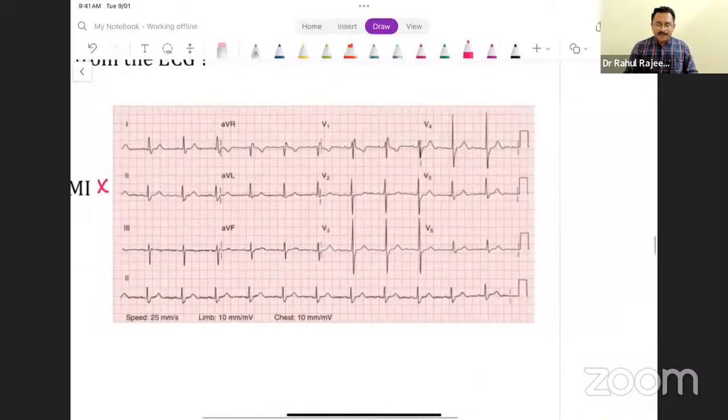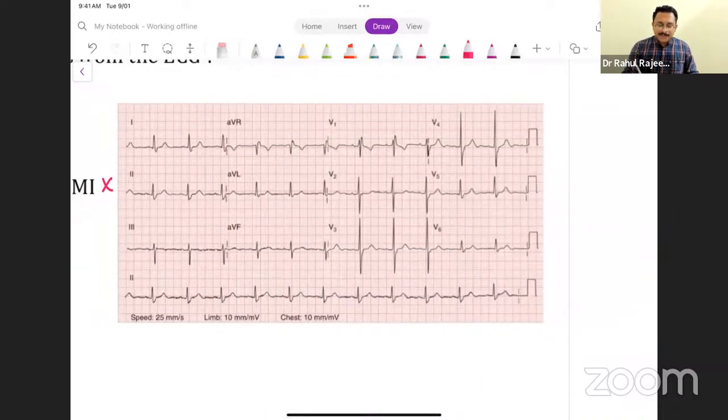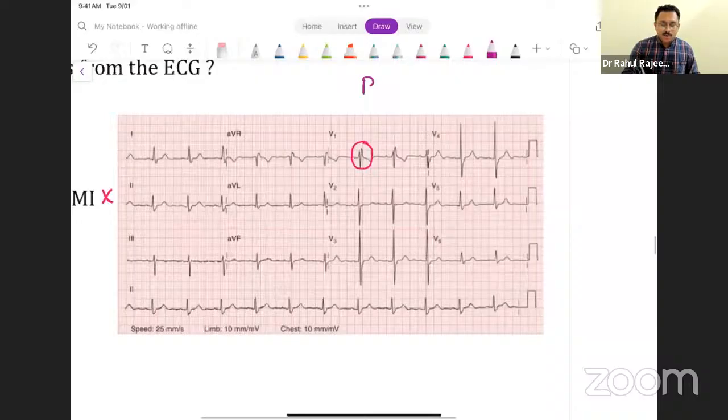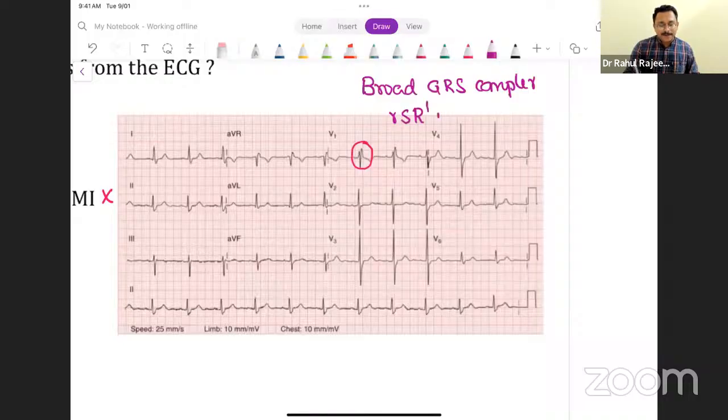Now, is it the normal ECG? If you look at the ECG here, I can clearly see that from lead V1 onwards, especially in the precordial leads, the QRS complex is broad. And this QRS complex also has a pattern known as the RSR dash pattern, also referred to as the M pattern.